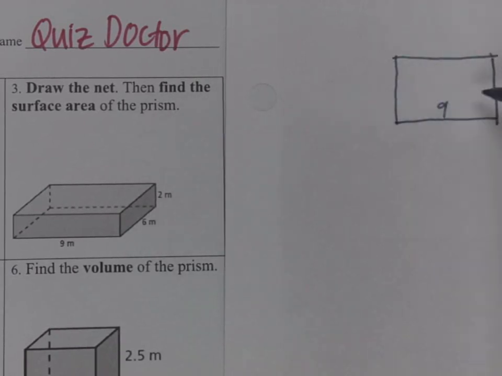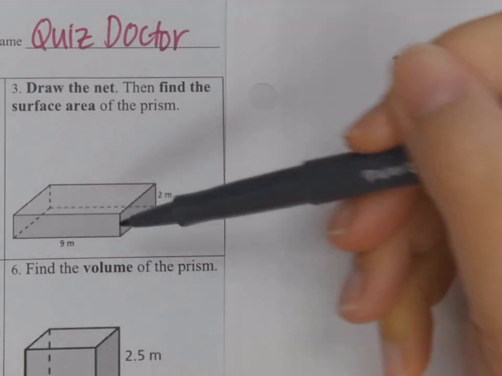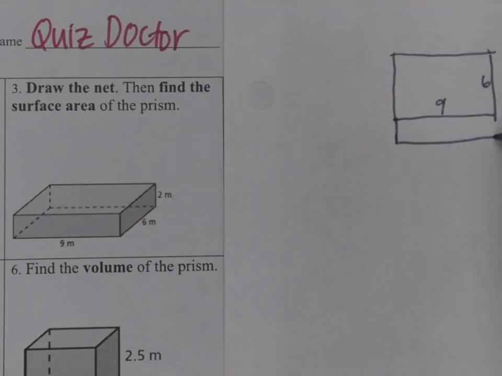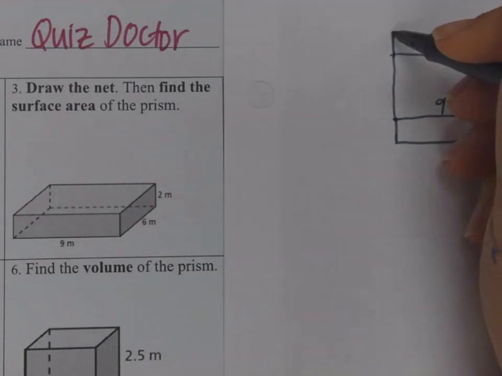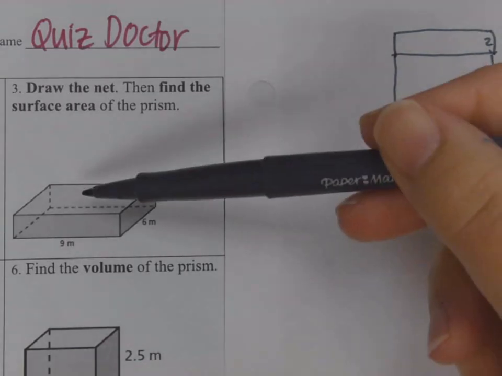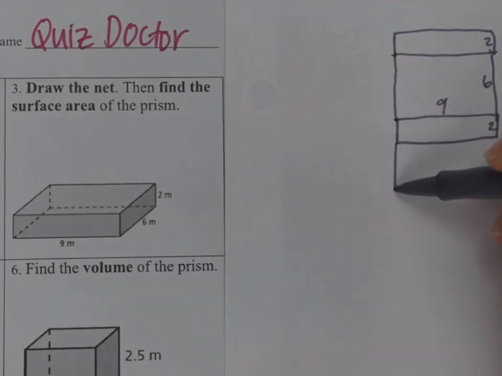Okay, so next to it, the one that's in front this time, it's going to be 9 by 2. Okay, and then remember, if I have on top the 9 by 6, I'm also going to have that same thing on the bottom.